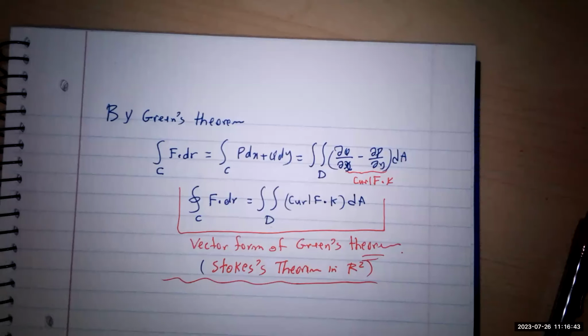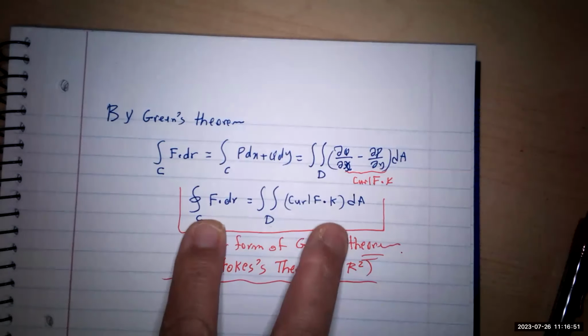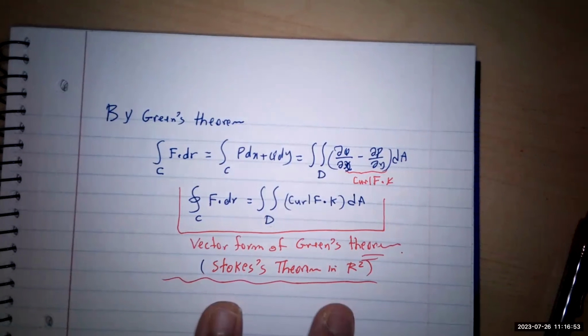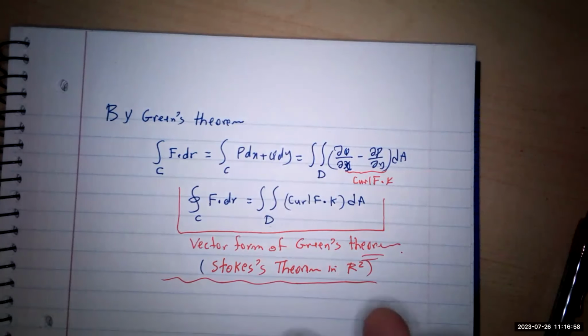If the vector field is in R3, you know that Green's theorem can apply only in two dimensions. But we are going to prove this exactly, and that would be named Stokes' theorem. If you prove Stokes' theorem for vector fields in R3, automatically that would satisfy also Green's theorem.